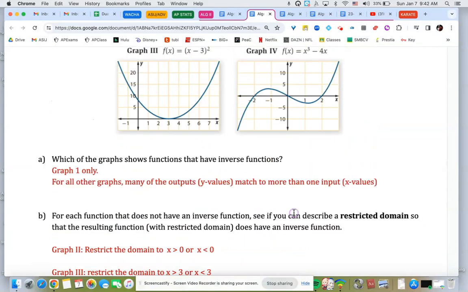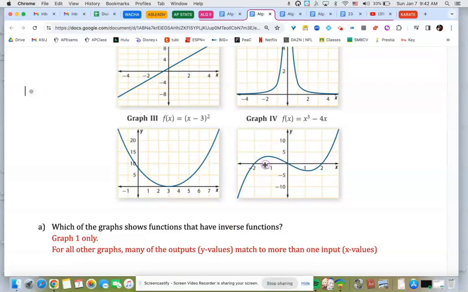Same thing on the last one. This is a little trickier though, because it goes up and down. So I could cut it here and just take this piece over here. That would work. I could cut it here and just take the piece in the middle. That would work. Or I could cut it and take this piece over here. That would work as well. Some people say, oh, take this piece.